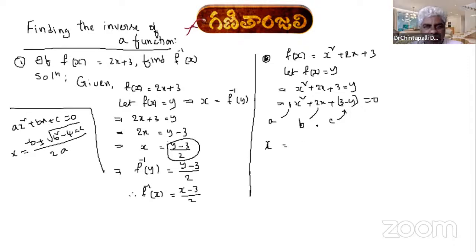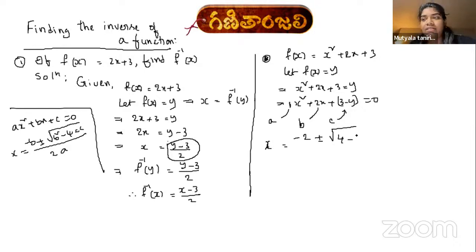Negative b means negative 2, plus or minus the square root of b square minus 4ac. 4 times a, which is 1, times c, which is 3 minus y, whole by 2 into 1.